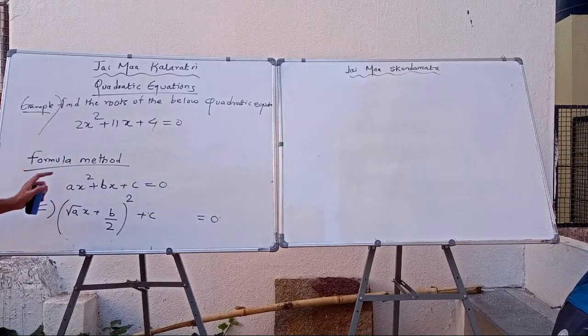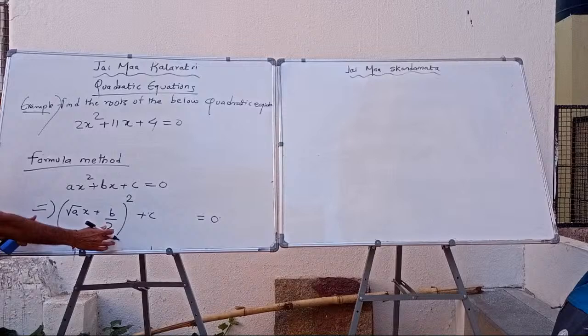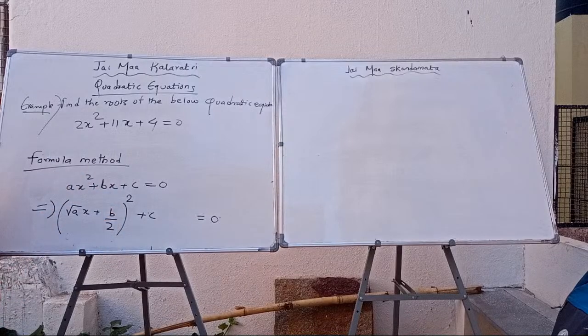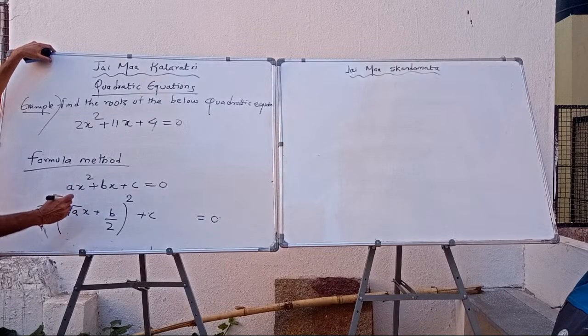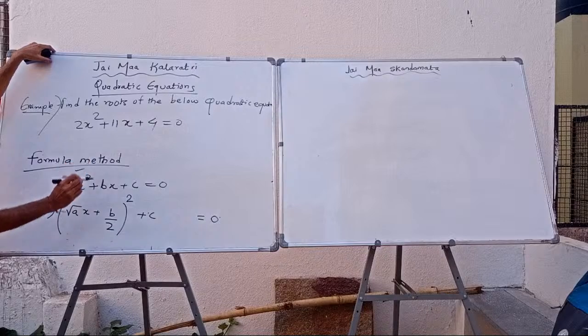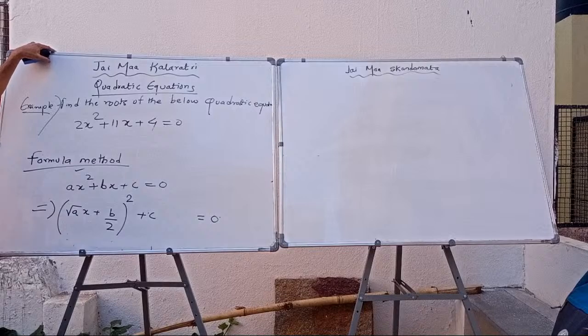Will this and this be the same? Expand. Open the brackets. Will, on opening the bracket, will I get this? This square is ax square. Correct. This I got. 2 into this. You're getting what I'm saying?